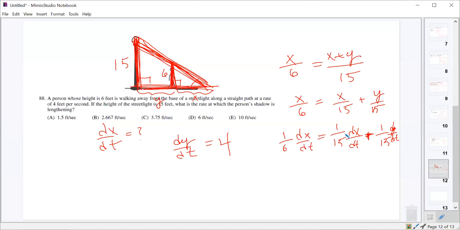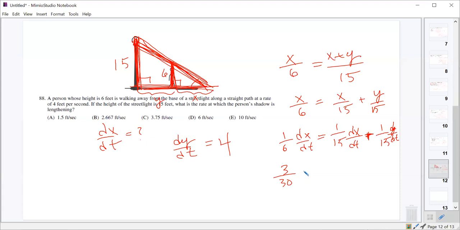So 1/6 minus 1/15. And what does that come out to be? We got to get a common denominator there. That should be 30. So we got 5 over 30 minus 2 over 30. So we got 3 over 30. Is that right? 5 times 2, yeah, 3 over 30.